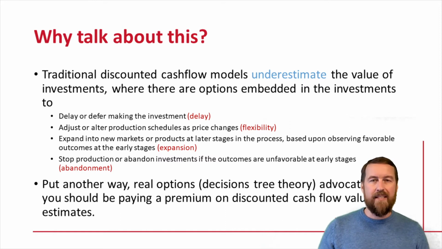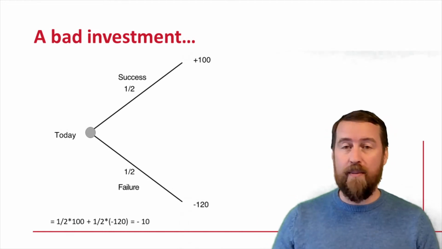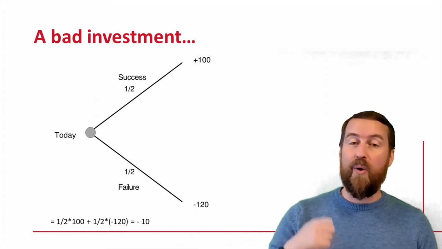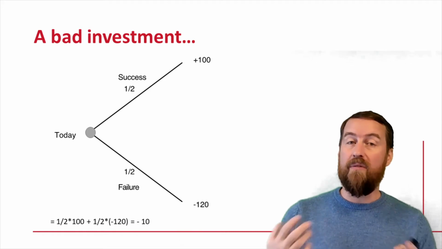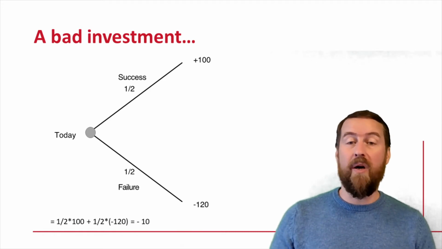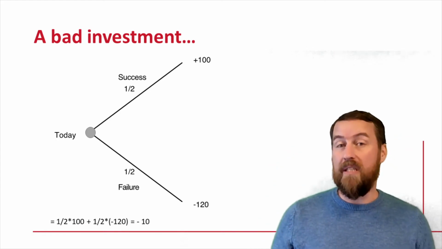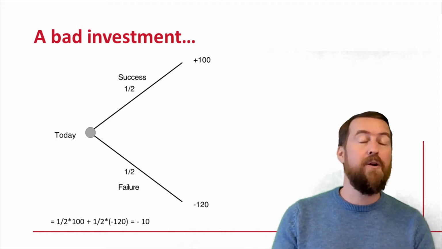Let me take an example. We have a bad investment here next to me. If we have success, we will earn $100. If we fail, we will lose 120. It's 50-50. We don't really know which way it's going to go, but we estimate it's a coin toss.